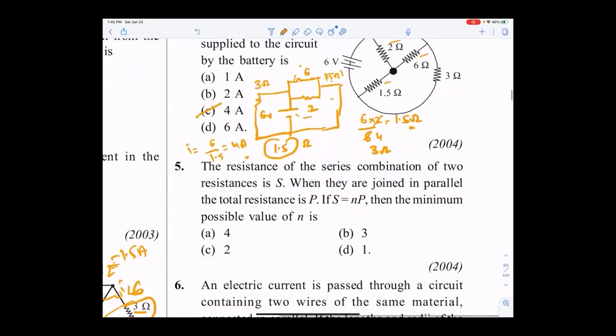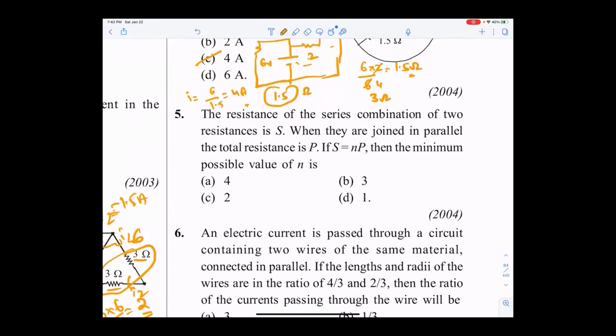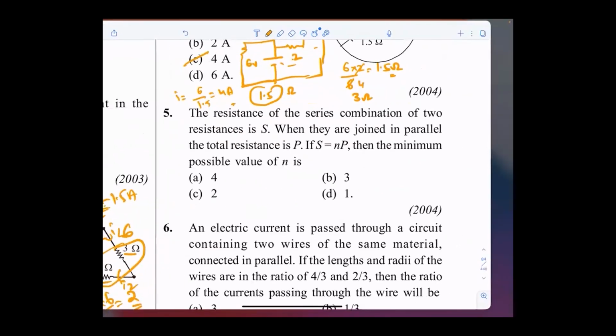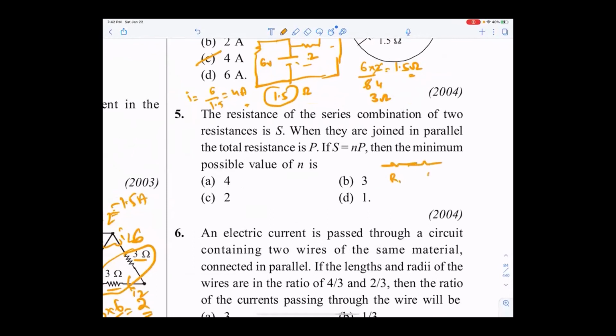The resistance of a series combination of two resistances is S. So two resistors R1, R2: R1 plus R2 is equal to S. When they are joined in parallel, R1 R2 by R1 plus R2 is equal to P. He's saying this S is equal to N times P. Then what is the minimum possible value of N?